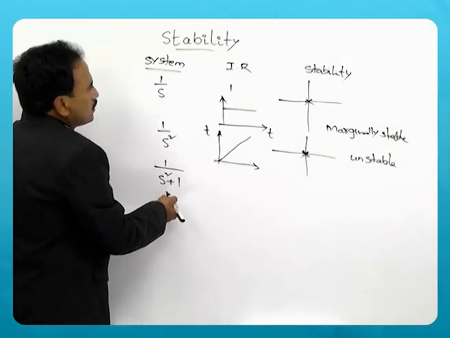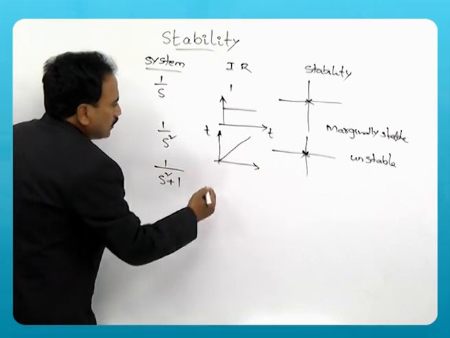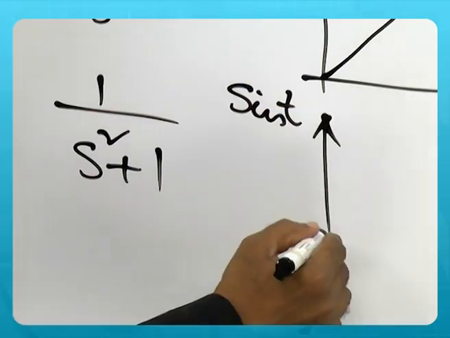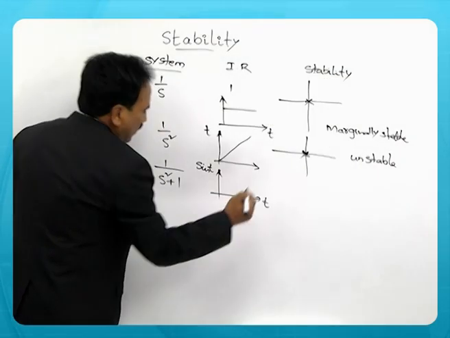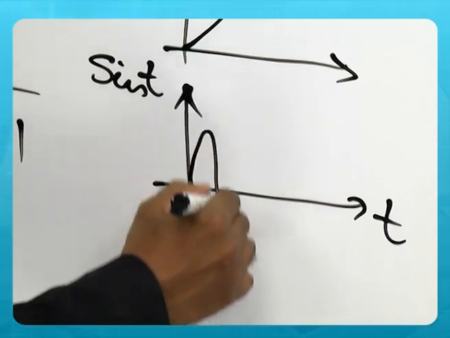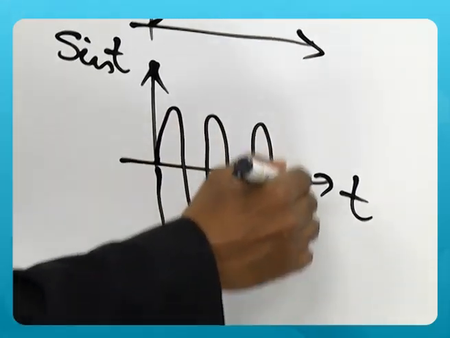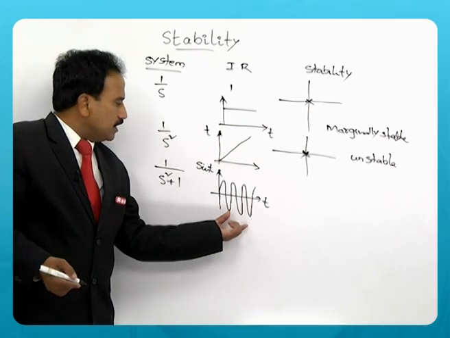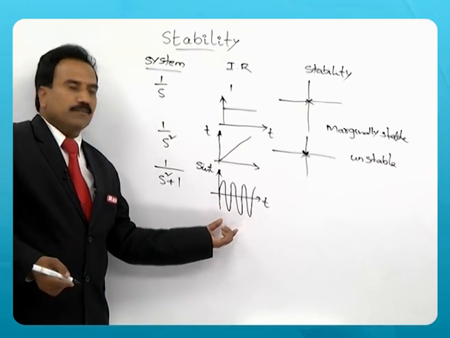The inverse of this, that is the impulse response, is sin t, and you have sustained oscillations whose frequency is 1 radian per second.